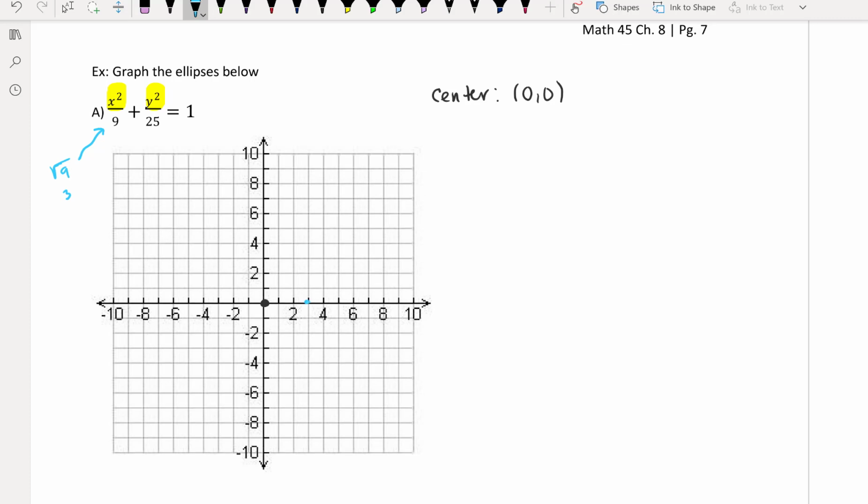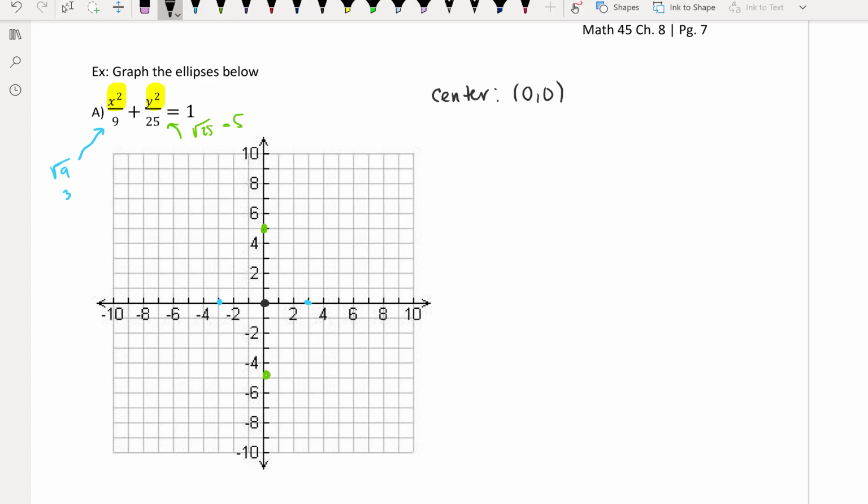So 1, 2, 3 to the right, and 1, 2, 3 to the left. Okay? Now I'm going to look at the denominator on the y-axis. So I have the square root of 25. That's equal to 5. So that's how far up and down I'm going to be going. So I'm going to go up 5 and down 5.